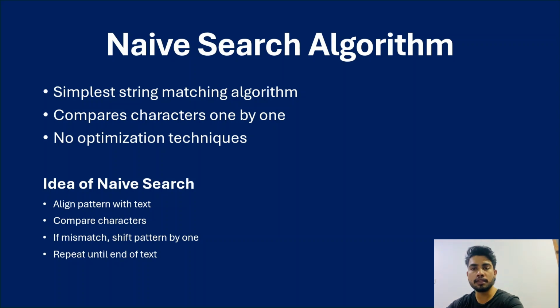Align the pattern with the text, compare characters one by one. If a mismatch occurs, shift the pattern one position to the right. Repeat this process until the end of the text. There are no shortcuts, no optimization, just simple comparison.